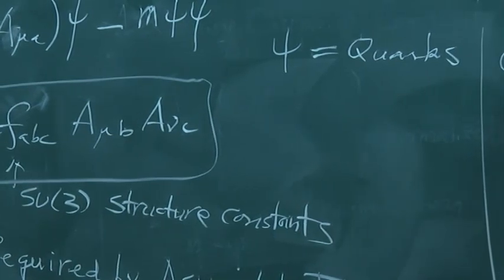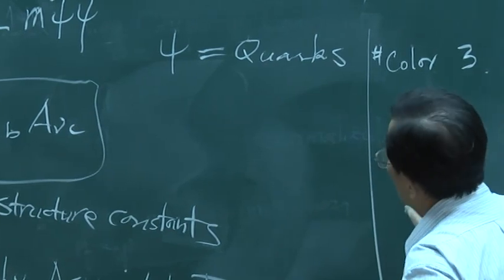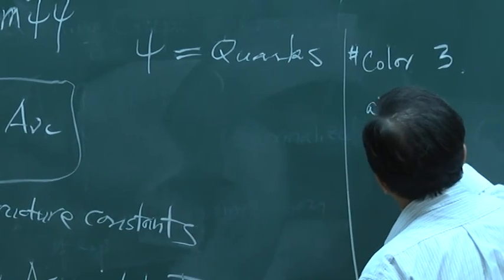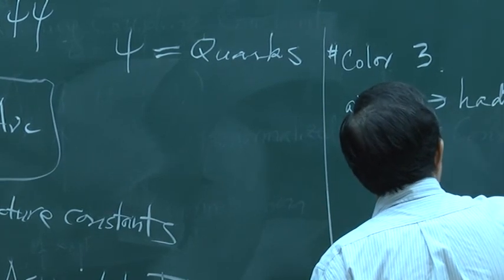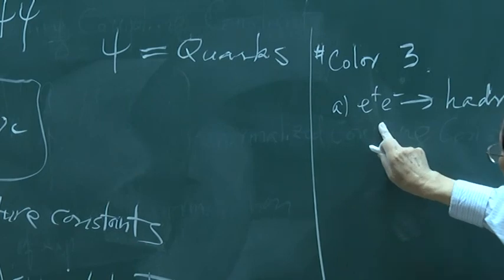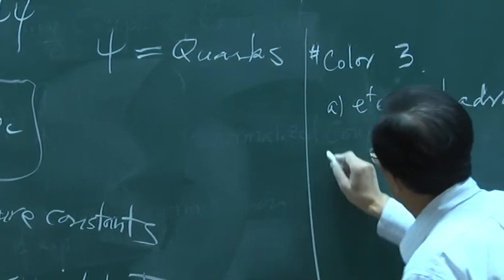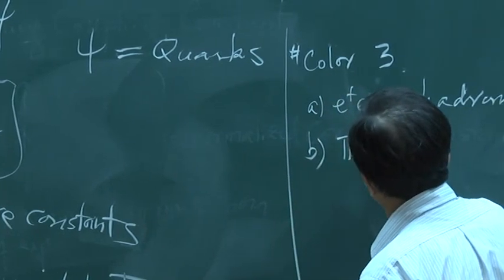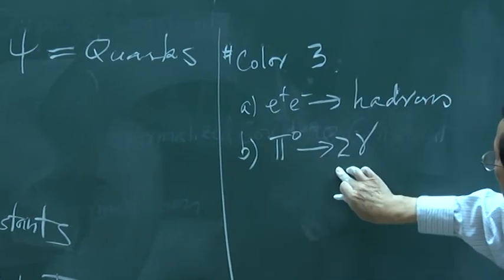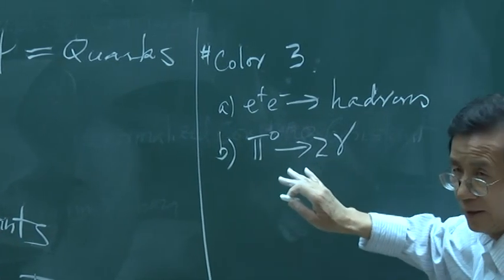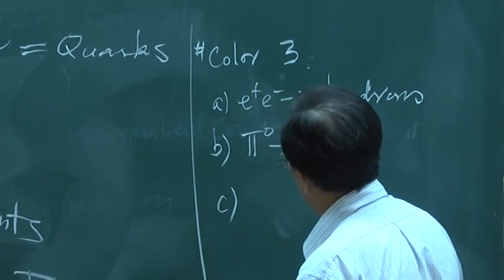Furthermore, this color 3, number of colors 3, there's more application. One is e+ e- going to hadrons. Without the 3, the cross section for this will be too small by a factor of 3. The other one is π0 decay to 2 gamma. Again, without the color 3, the rate will be 9 times too small. Okay, and then what else?